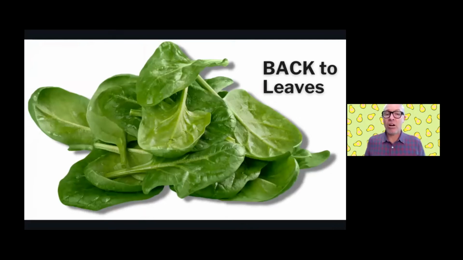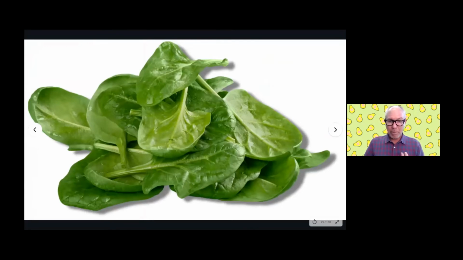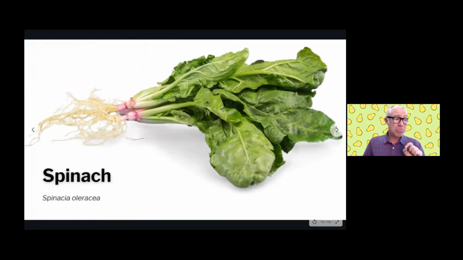Back to leaves. All right, everybody knows this leaf, Popeye's leaf. It's the spinach, Spinachia oleracea. This is another plant where the wild form of Spinachia oleracea has been eaten by people for millennia, but the defensive chemicals that the plant produces to prevent being eaten have been bred out.